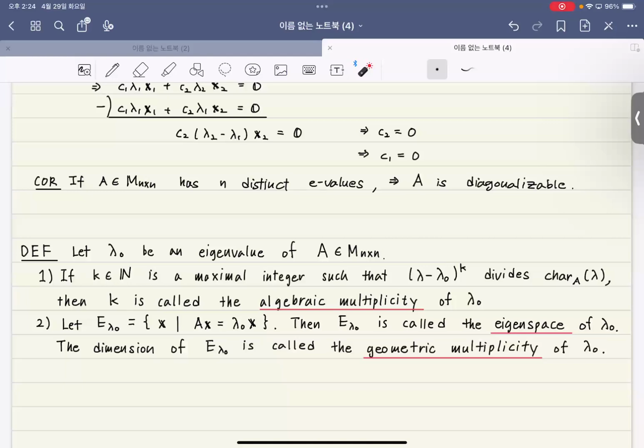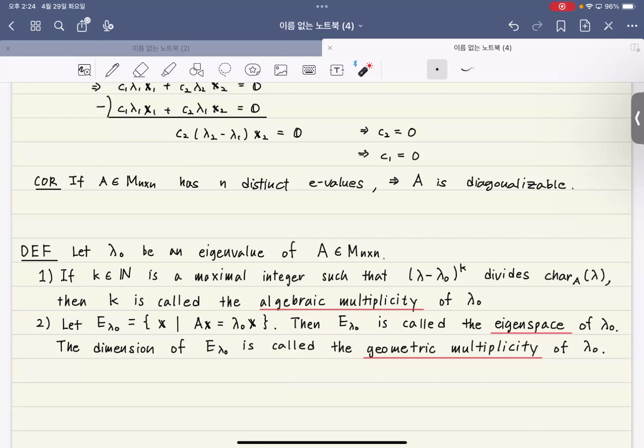Whenever you have an eigenvector for eigenvalue lambda 0, any linear combination of these eigenvectors is another eigenvector of the same eigenvalue lambda 0. So this is clearly a vector subspace.